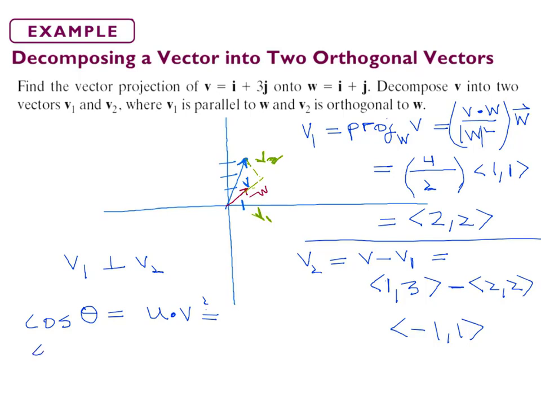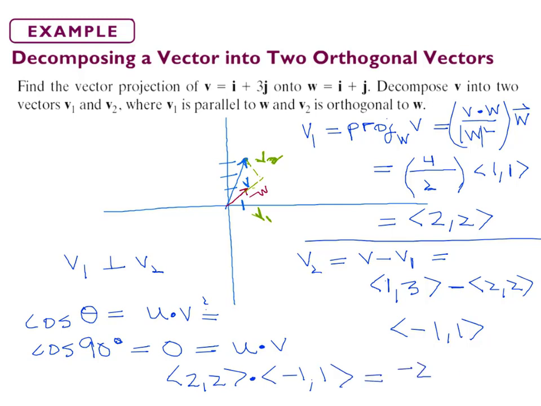So the angle between them has to be 90 degrees, right? What's the cosine of 90 degrees? 0. So remember we said that u dot v has to equal 0. Well, we have v1, which is 2, 2, dot minus 1, 1, that's equal to minus 2 plus 2, which equals 0. So check, they're orthogonal. Okay? That's pretty much all there is to it.